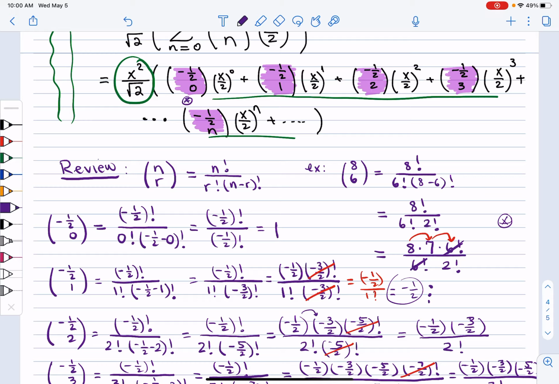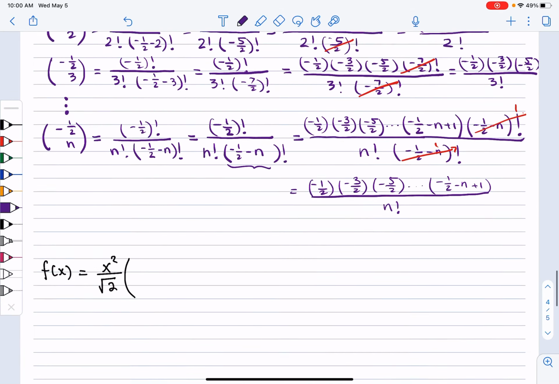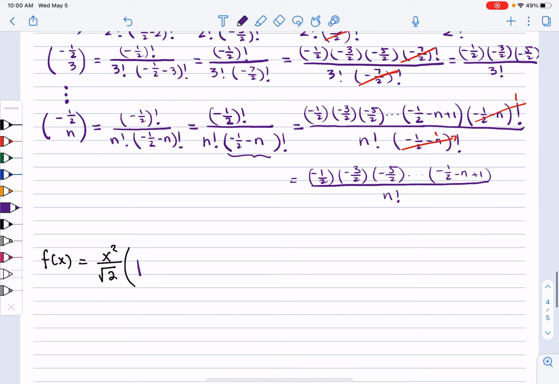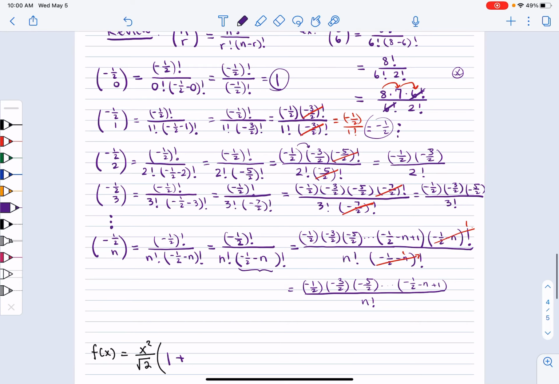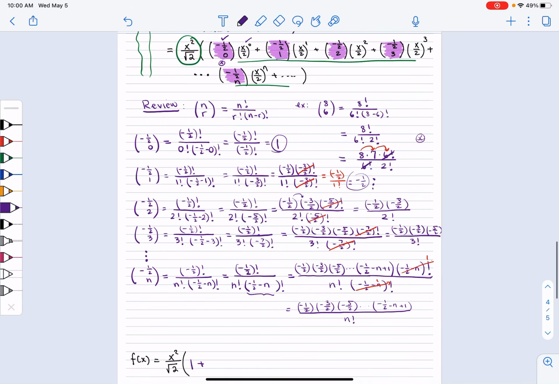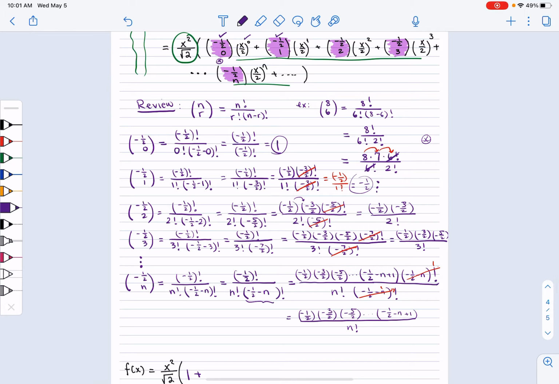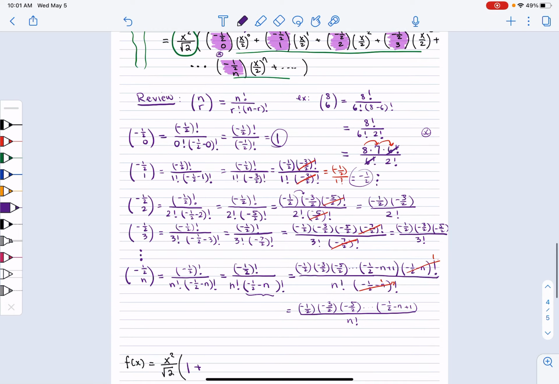Remember that negative 1/2 choose 0 was equal to 1. And then anything to the 0 power, or x over 2 to the 0 power, is 1. So we're going to have 1 plus, sorry for going up and down, so 1 plus, now we're going to work with negative 1/2 choose 1, and negative 1/2 choose 1 was just equal to negative 1/2.